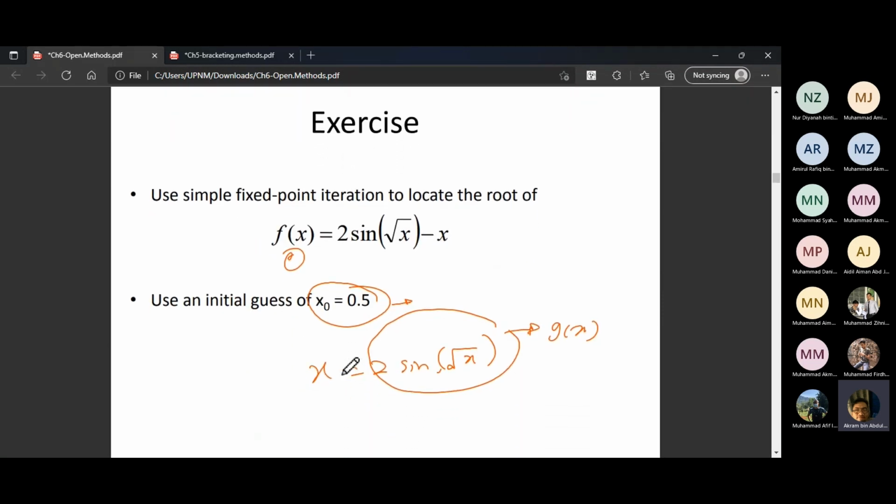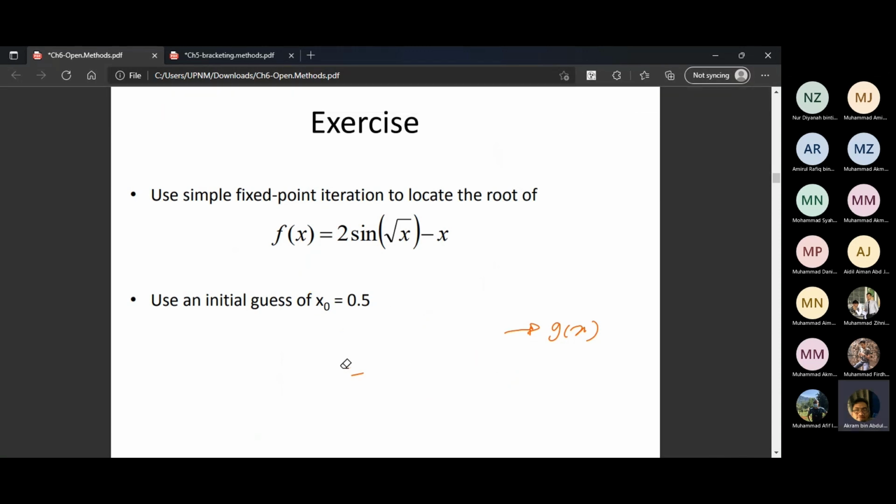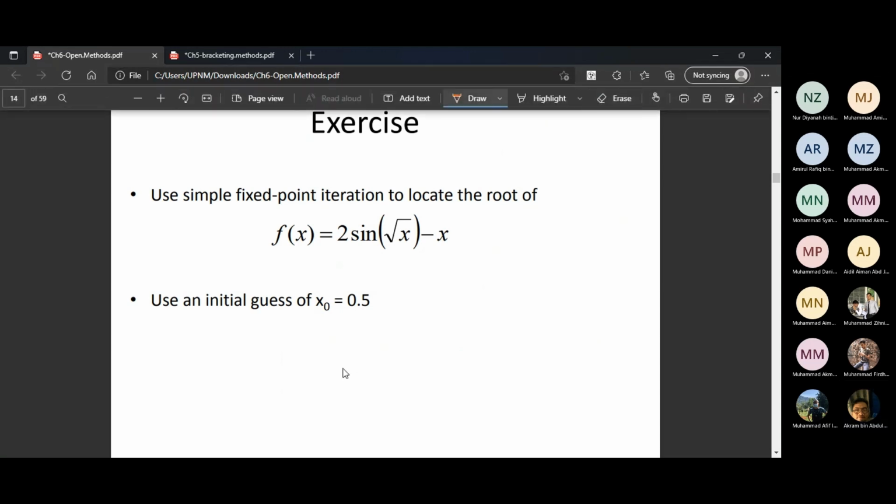Okay, let's do one more question as an exercise. Let's say we have this equation. Use simple fixed point iteration to locate the root using the initial guess 0.5.